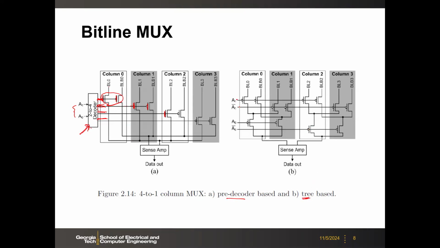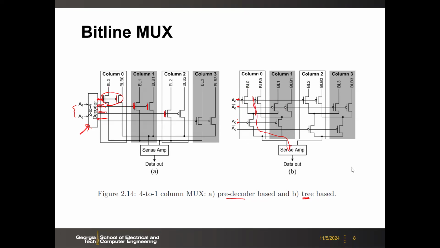In this case, because the arrangement of the pass gate transistors is like a tree, you can directly combine the decoding into this tree structure. So depending on the data here, you are going to turn on one pass to the output, which is a sense amp in this case.